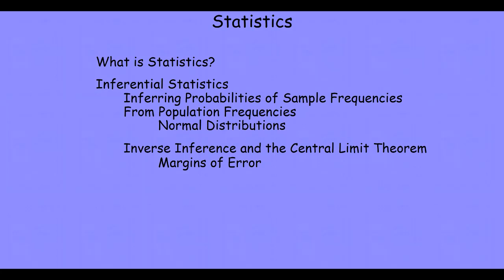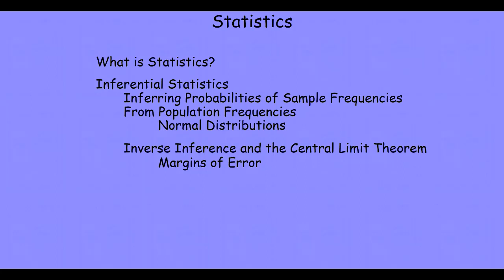Finally, as we'll see, when we make inferences from population frequencies to sample frequencies, we can come up with a normal distribution. Adding the values within a range in that normal distribution, we can get a standard deviation. That standard deviation from our samples can provide us with an estimate of the margin of error.